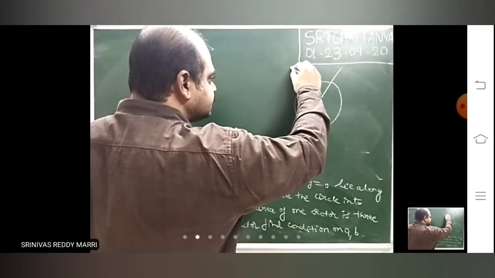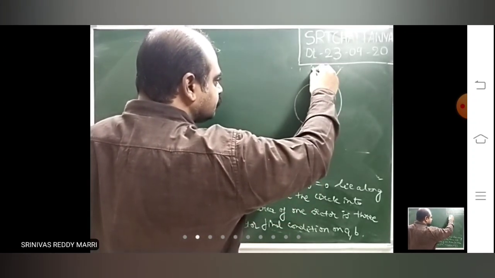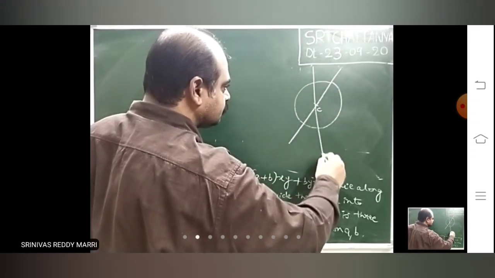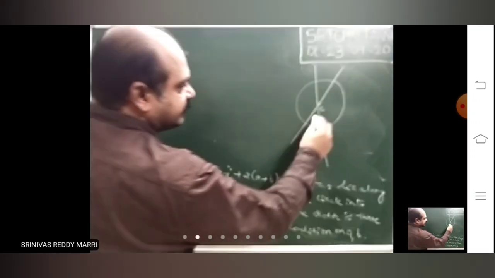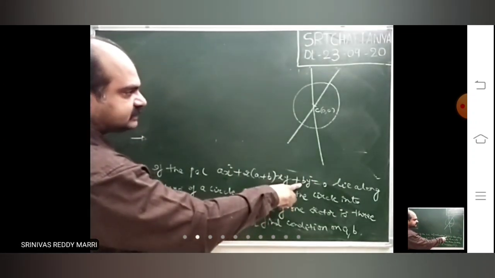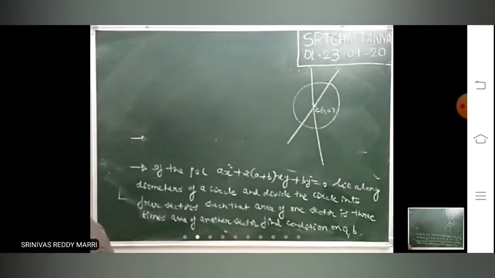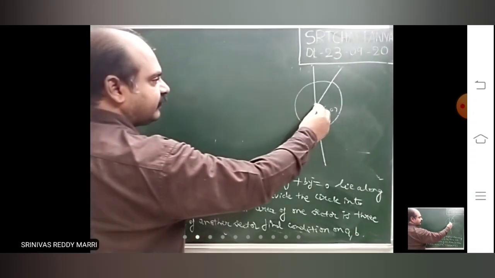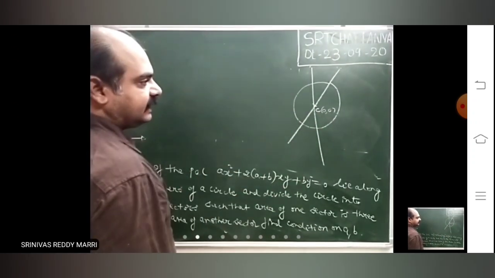These two lines represent diameters. That means obviously the intersection point of these lines is what? Center is origin, because these are the pair of lines passing through origin. That means center is origin. So these pair of lines intersect at center of circle.